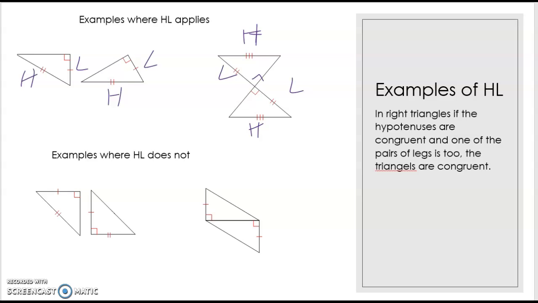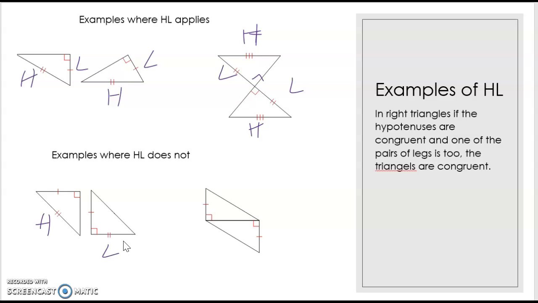Now looking at this one, I'd be really tempted to say, okay, that's HL, but what's the problem with that? This is a hypotenuse, but this is a leg. So you see where it says the two hashes and the two hashes, they're not in the same location. So I have one hypotenuse that's different than the other one. Okay, so this actually would not be congruent.